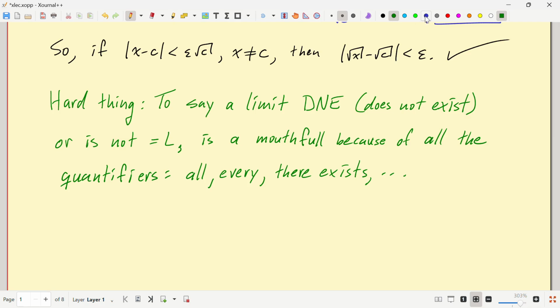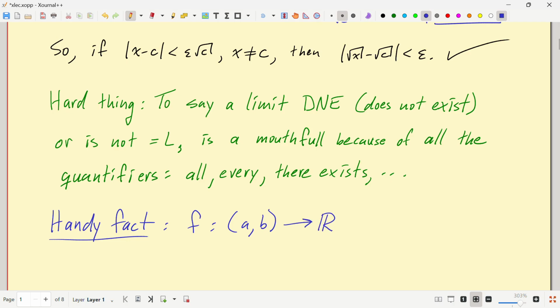The handy fact is, let's suppose that f is defined on an interval AB, so f maps AB into the real numbers, and C is a point in AB.